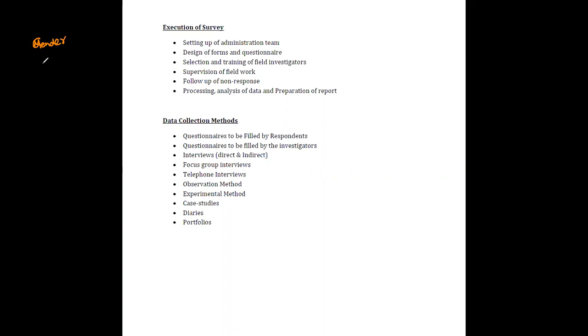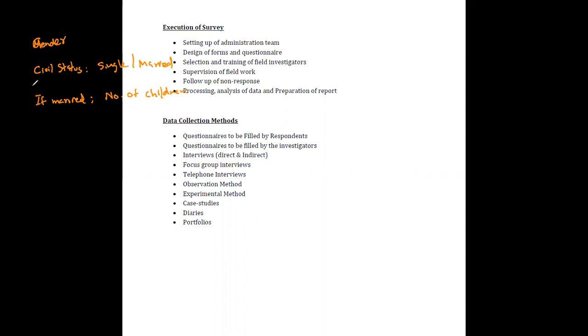Then you have to ask about the civil status, whether it is single or married. After this question, you can ask, if married, the number of children you have.